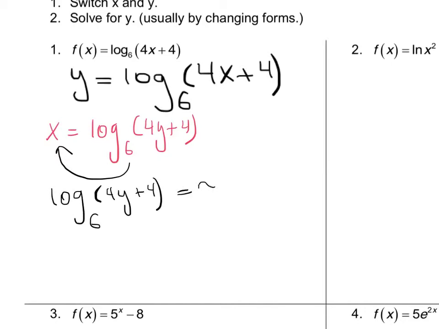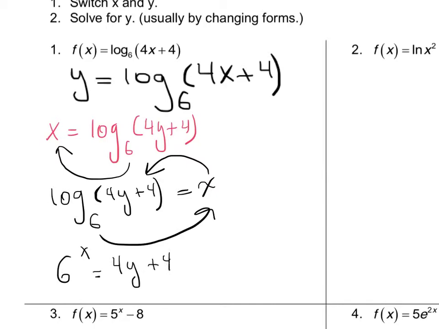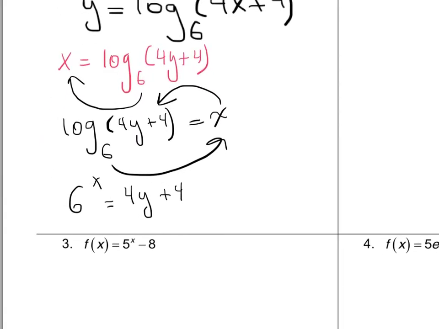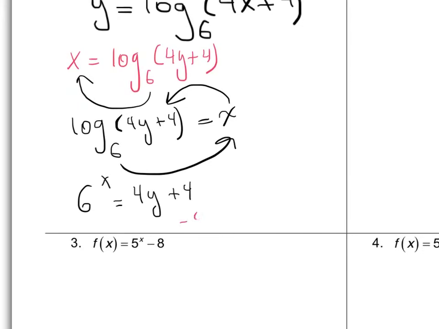So I'm just going to switch it. So 6 to the power x is equal to 4y plus 4. So let's write that. Now, to solve this, you have to subtract 4 from both sides. So you end up having 6 to the power x minus 4 is equal to 4y.